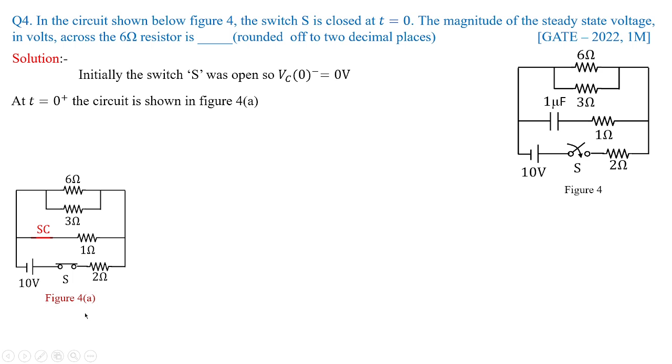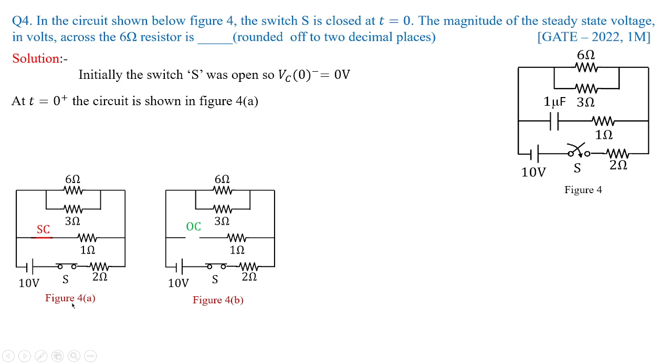But what we require is to calculate the magnitude of voltage across the 6 ohm resistor, so the steady state conditions have to be reached. So figure 4a changes to figure 4b like this for steady state condition. This short circuit under steady state goes to open circuit like this.